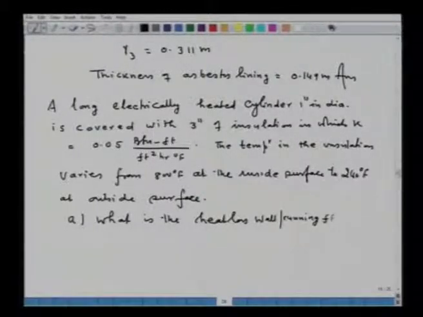Now I purposely mixed the various units so that you bring your attention while solving the problem, and at the same time you become conversant with the different types of units.